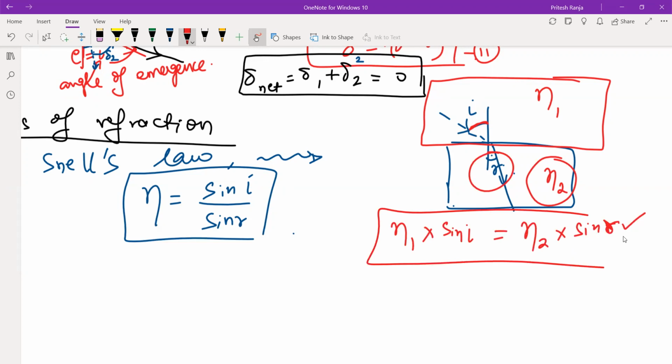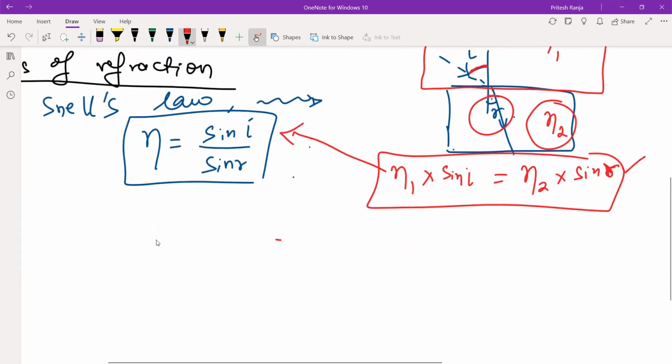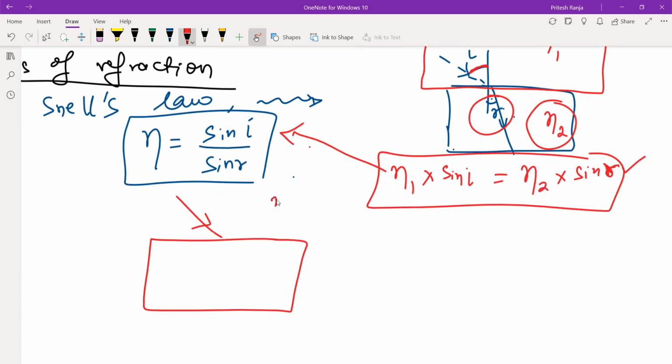अब इसी से ये डिराइव हुआ है एक्सप्रेशन जो हमारे बुक में डायरेक्टली लिखा रहता है. How? Let us see. So this was a glass block and the ray was entering. Let us say this is N1, this is N2. So this is I, this is R. So we get, let us rearrange this.